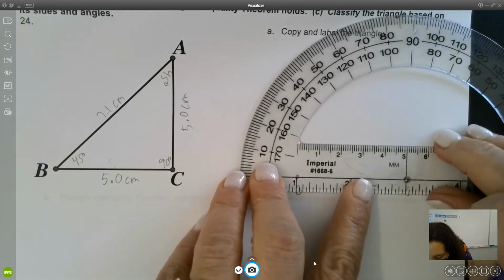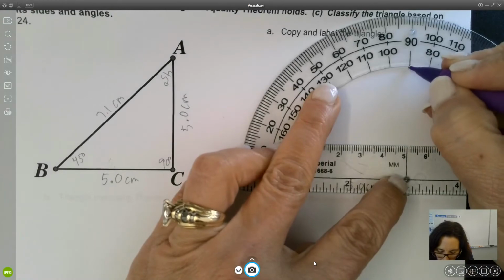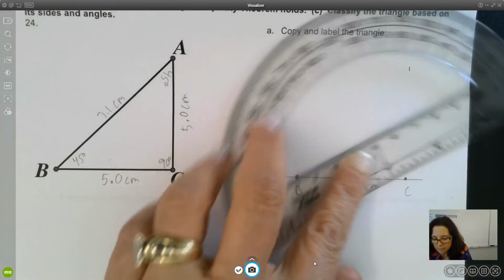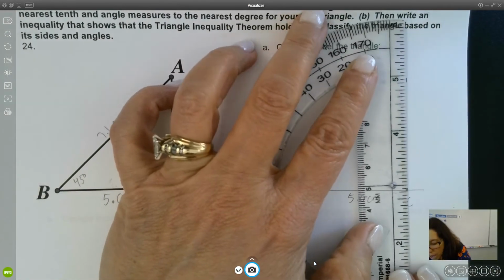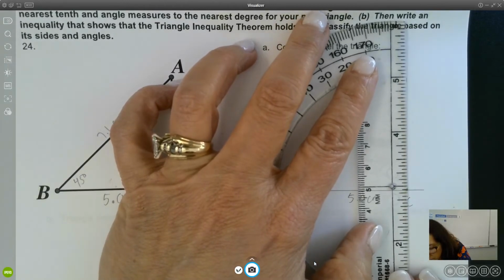Don't eyeball it, you're using your tools. 90 degrees, I need to go through that line right there. I don't know how long, I'll just make it long enough.